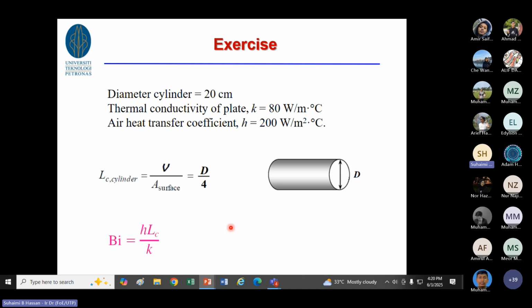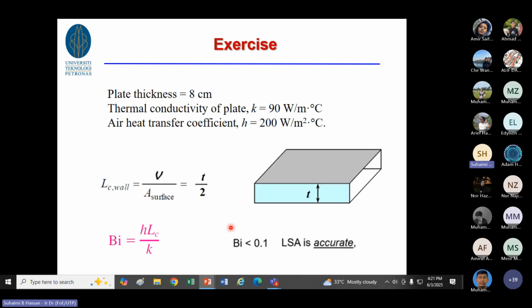So just to discuss here, only this condition is accurate for the lump system analysis because the answer is 0.08. Okay, this is for the Biot number, and now you understand when you want to use the lump system analysis and when you want to use the one-term approximation.